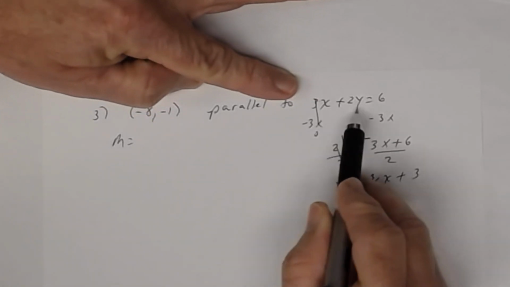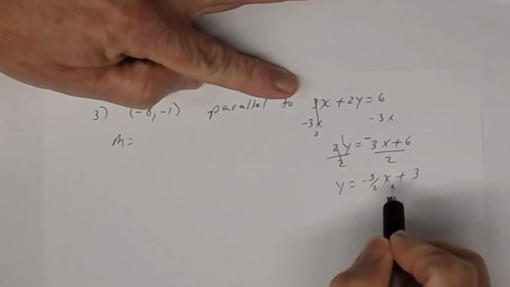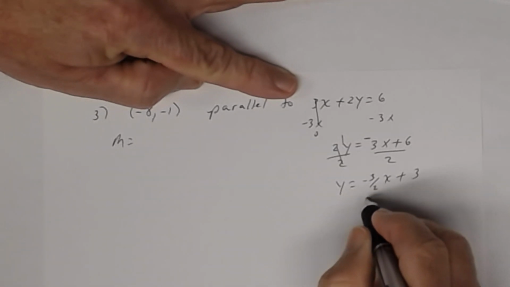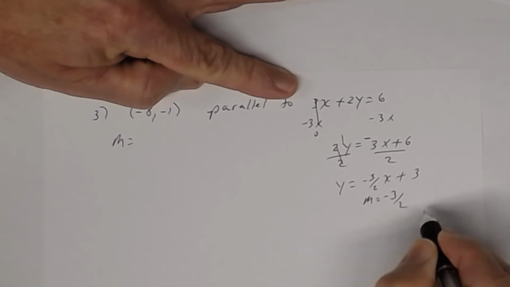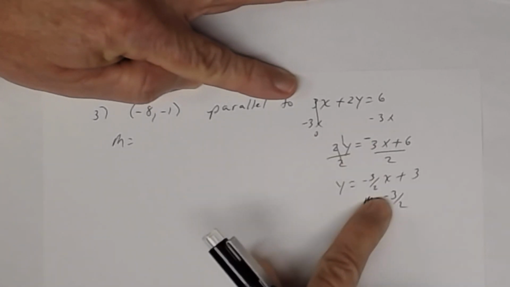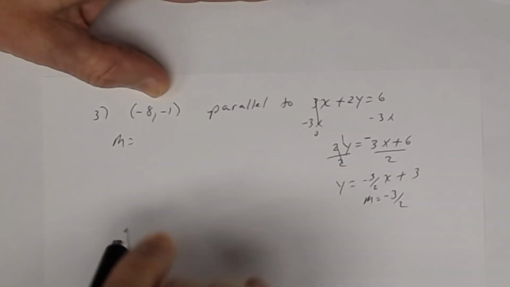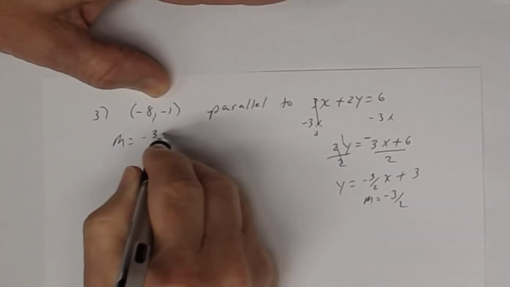So this equation is equivalent to this equation. Therefore I can find the slope of this line here, which is negative 3 halves. The slope of this line is the same as the slope of this line because those two lines are parallel. So this is also going to be negative 3 halves.